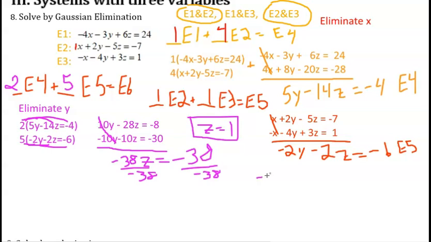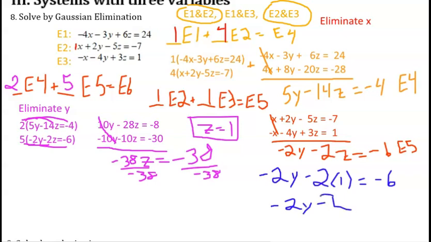So we have negative 2y minus 2 times 1 equals negative 6. We'll solve for y. We have negative 2y minus 2 equals negative 6.